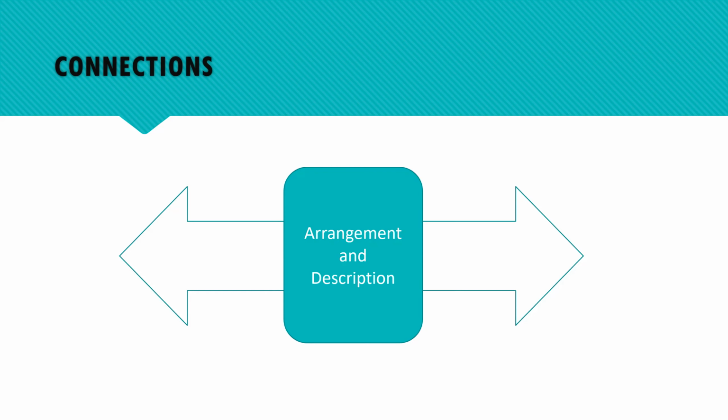Another great thing about the connection between digital preservation and arrangement and description is that when archivists are gleaning information from records for digital preservation purposes, that can be great information to use when arranging and describing records.